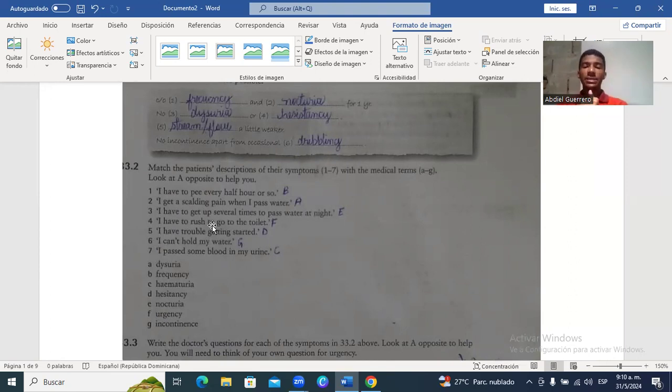I get a scalding pain when I pass water. 3. I have to get up several times to pass water at night. 4. I have to rush to go to the toilet. 5. I have trouble getting started. 6. I can't hold my water. 7. I pass some blood in my urine.